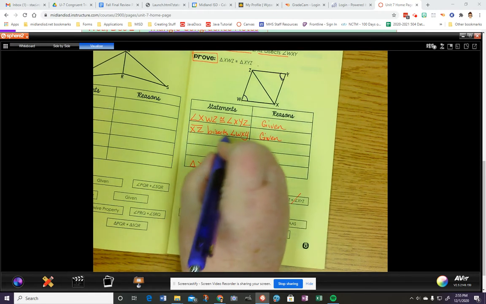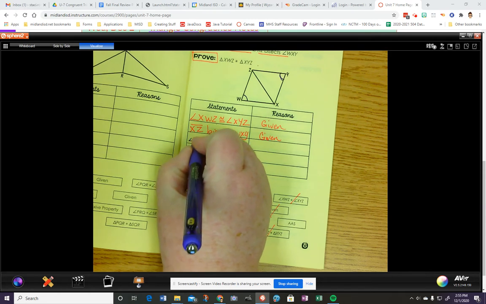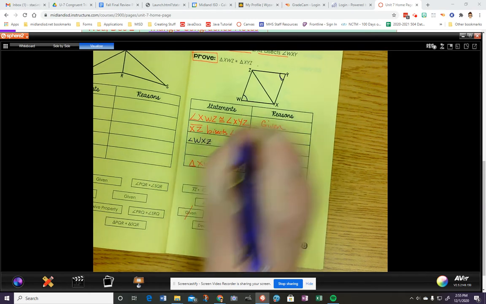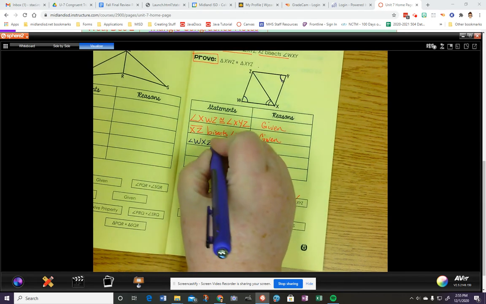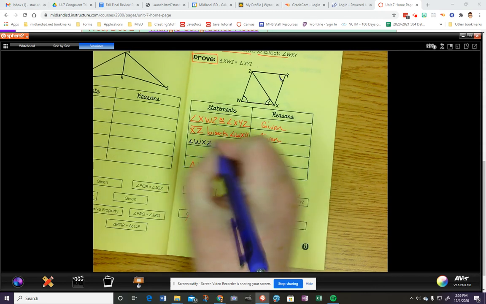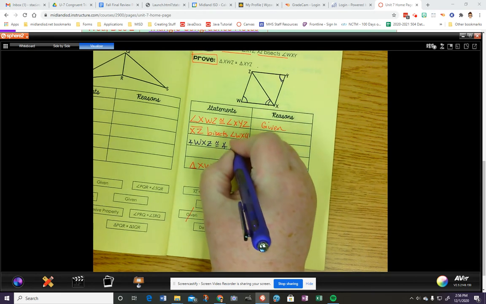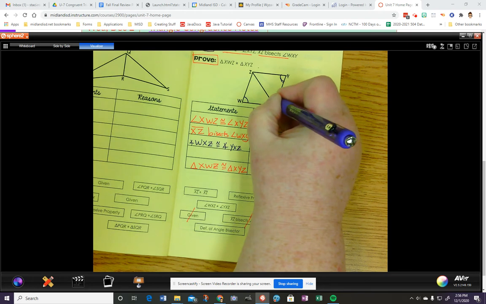Well, the bisect says that angle WXZ, this angle right here, is congruent to angle YXZ, this one over here.